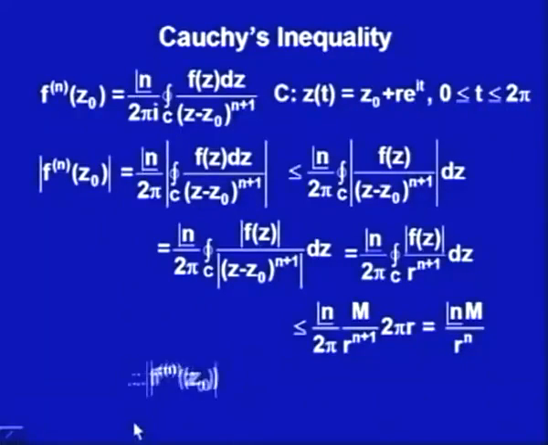So, finally, what we have got is that the absolute value of the nth derivative of f at z naught is bounded by n factorial into M upon r to the power n, where M is your bound of f and r is an arbitrary number we have taken, which you could say is the radius of this circle around the point z naught. Now, this inequality is going to help to get one more important result, that is known as Liouville's theorem.